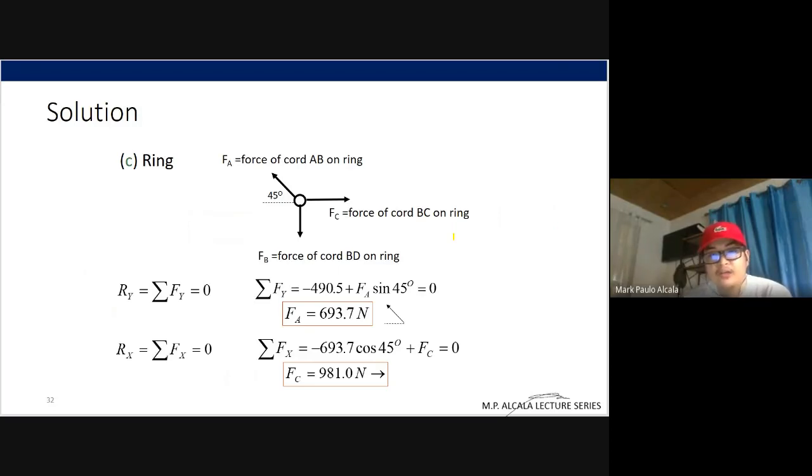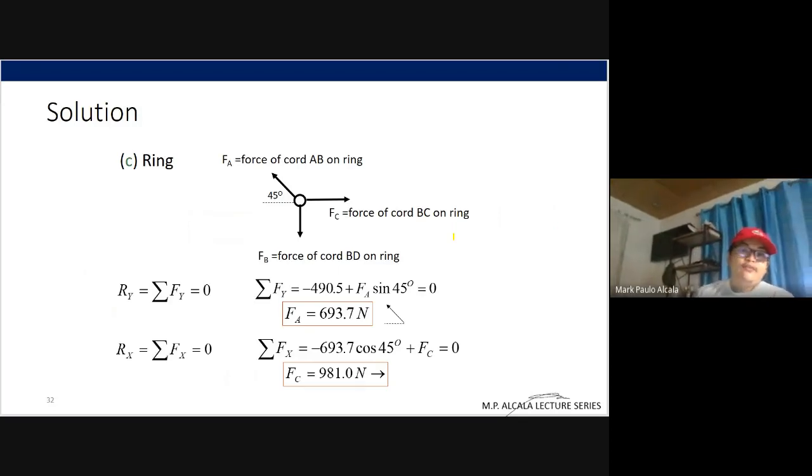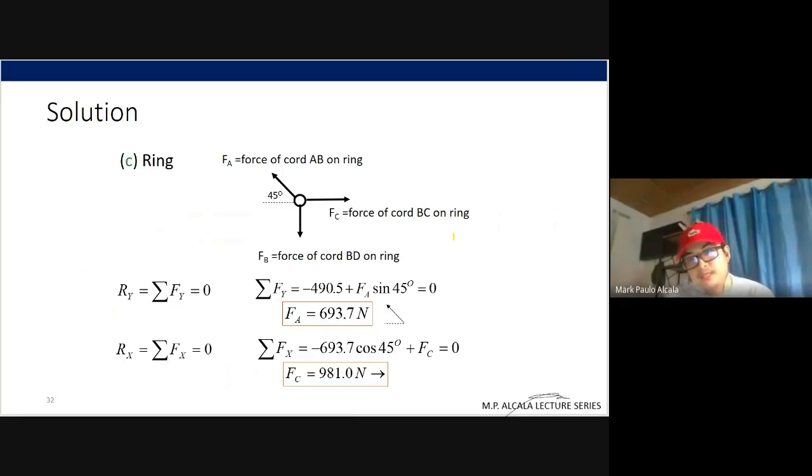So the sum of the forces along the y-axis, negative 490.5 plus sine 45 degrees of the force of cord AB, or the force of A. So you have one equation, one unknown here, only force A. Solving further, we get 693.7. And then finally, for FC, negative 693.7 cosine 45 degrees plus the force C, the unknown force to the right, equivalent to 0. Solving further, we will get 981.0.